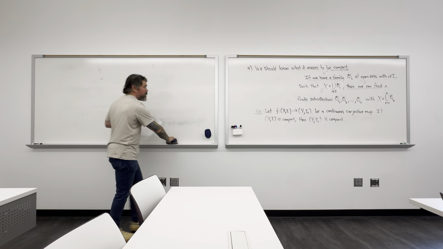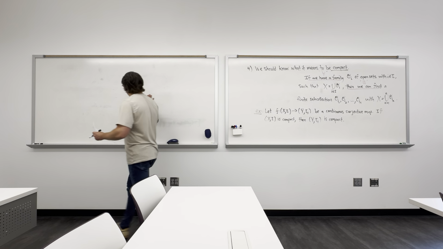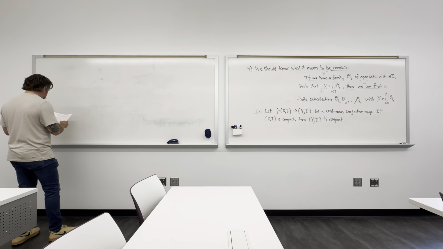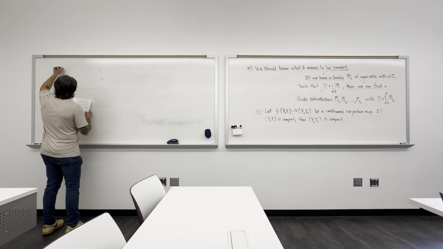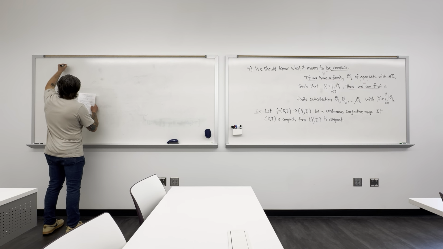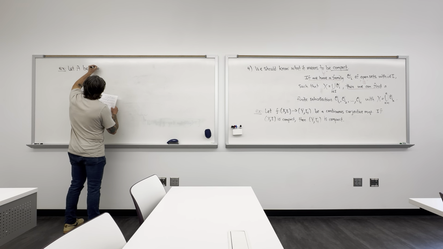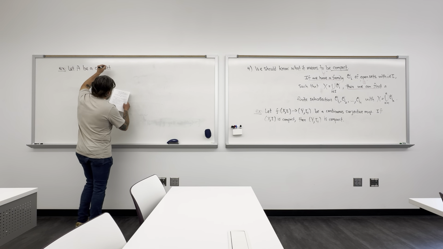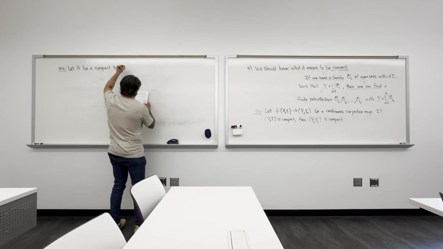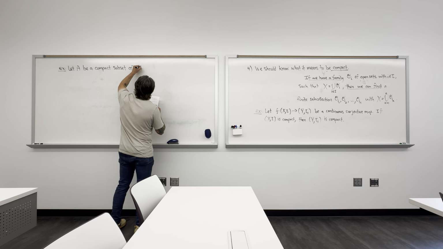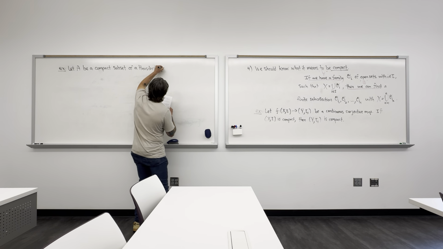Okay, so know this. You might see it. It's a really nice example here. Okay, let's look at another example. Let A be a compact subset of a Hausdorff space.